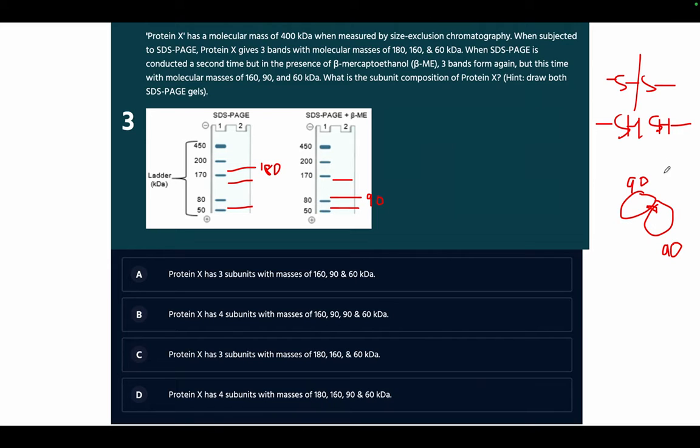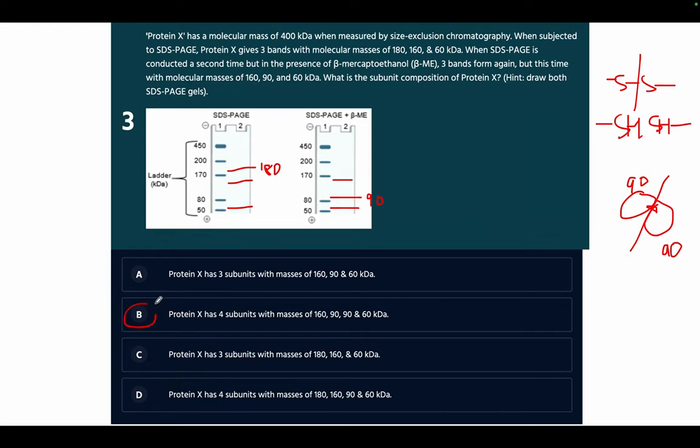But when we add beta-mercaptoethanol, this bond is broken and both these subunits are separated. And because both of them are 90 kilodalton, they're coming in the same band over here. So this means that this protein actually has 4 subunits. One is this 160 kilodalton, one is 60, and it has 2 subunits of 90 kilodalton.